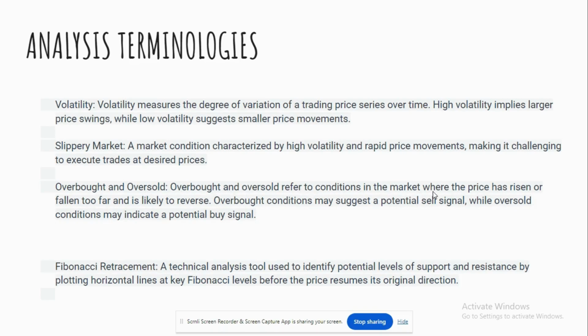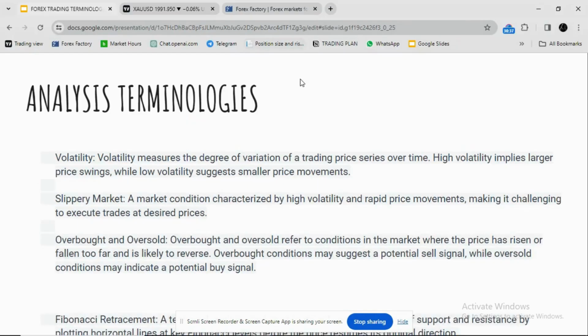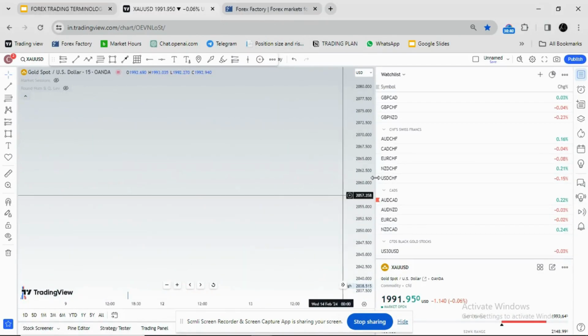Overbought and oversold refers to the condition in the market when the price has risen or fallen too far and is likely to reverse. Let me explain that to you. An overbought condition may suggest a potential sell signal. I don't really check for these, but it's good to understand.